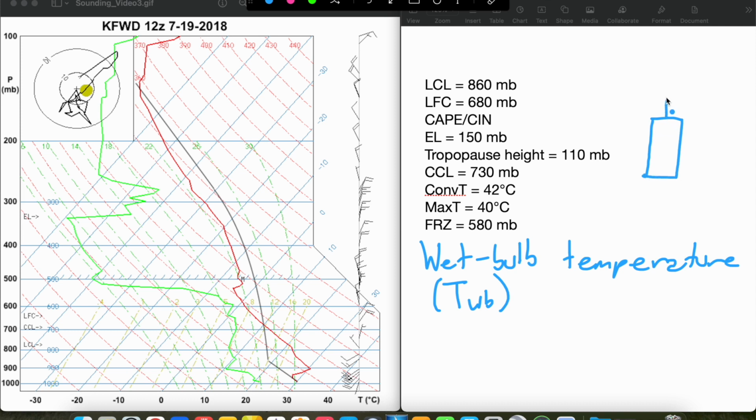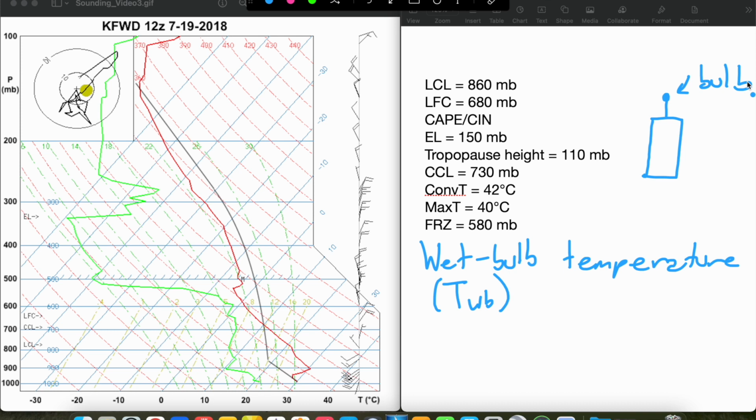It's got a little Q-tip looking thing on the end of it, which is the bulb, and it's wrapped in this wet fabric. The temperature that the bulb will cool to, based on the evaporation of the moisture on the bulb, is the wet bulb temperature. It's important because it takes into account both the temperature and the moisture content in the atmosphere.